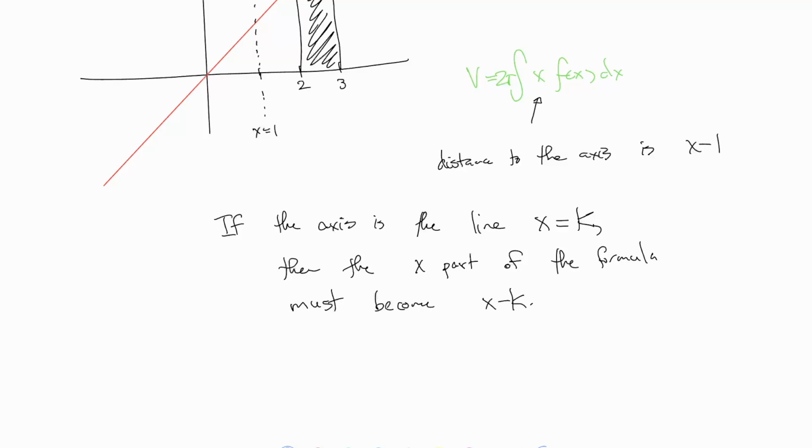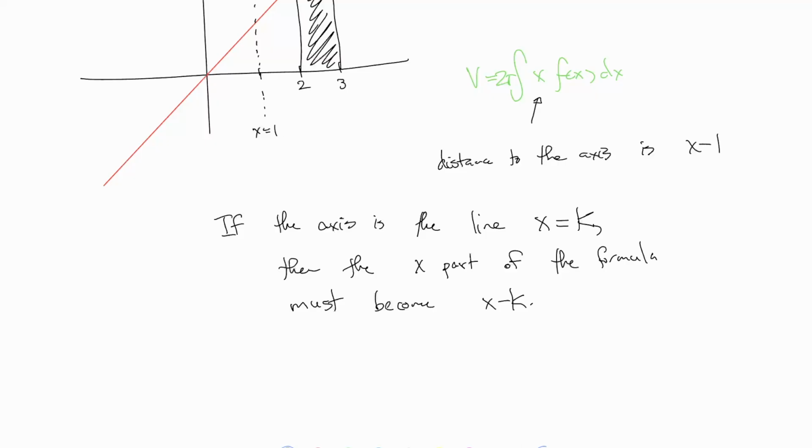In this example, the axis was x equals 1, and so that piece of the formula, which usually says x, needs to say x minus 1. Generally, if you have any line x equals whatever, you replace the x in the basic formula with x minus whatever that value is.